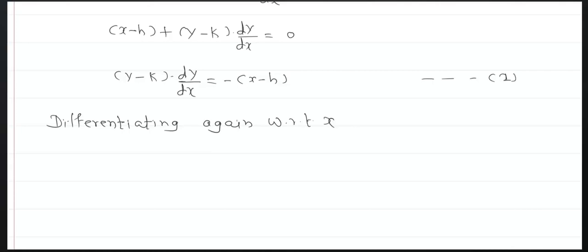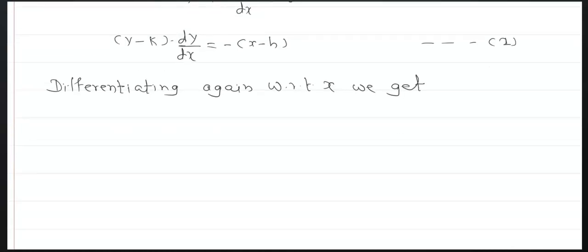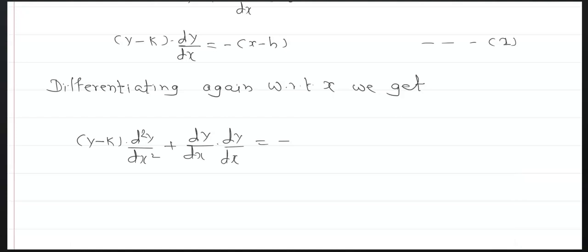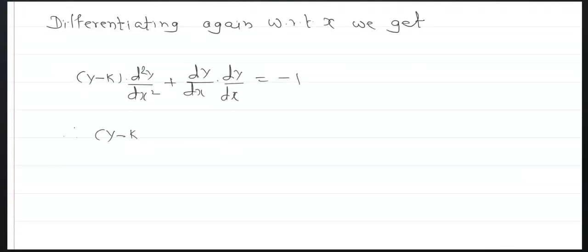Now the second one: differentiate again with respect to x. Then you will get (y minus k) into d2y by dx square, applying the product rule, plus, again the derivative of y is dy by dx, into dy by dx, that is (dy by dx) whole square, equal to minus 1.